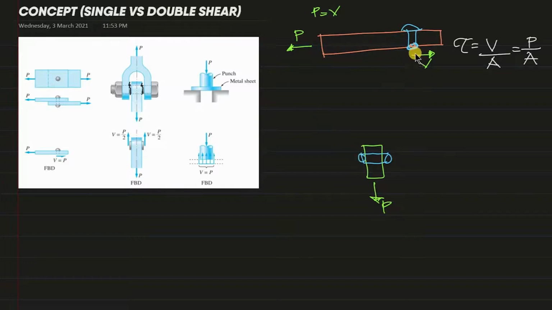Okay. So, kagaya ng ginawa natin dito, hanapin natin yung shearing force V. Okay? Itong ating shearing force V by equilibrium, since dalawa yung mag-resist, i-resist nila yung force P na to. Hindi niya hahayaan na maputol yan.